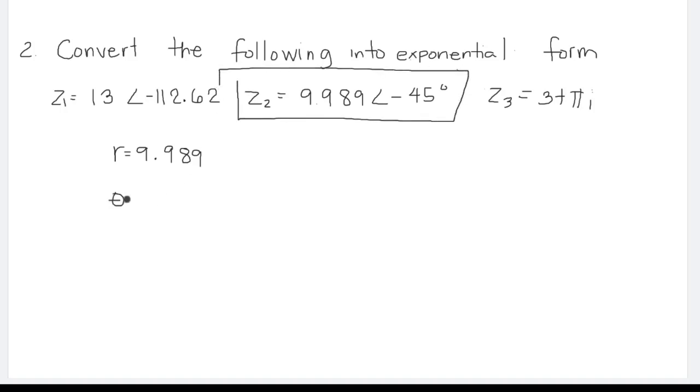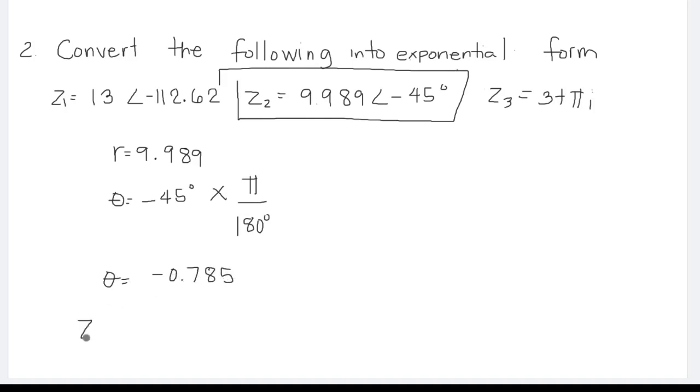And our theta is just multiply the angle negative 45 times pi divided by 180 degrees. And our angle is equivalent to negative 0.785.